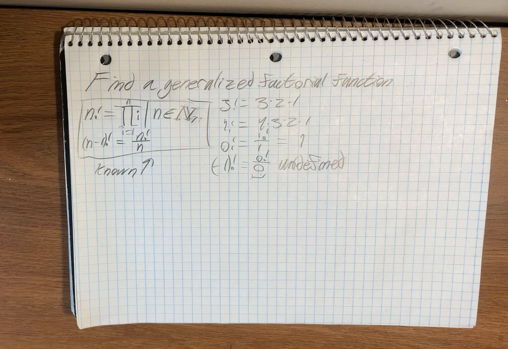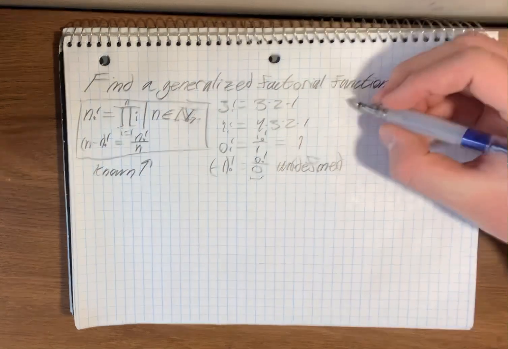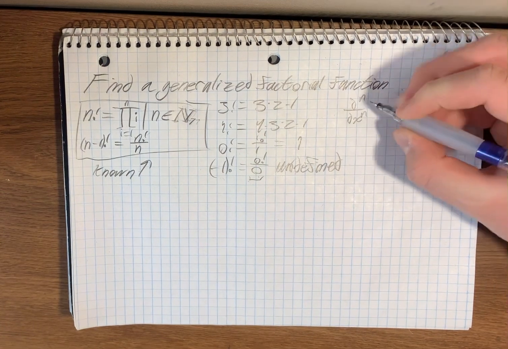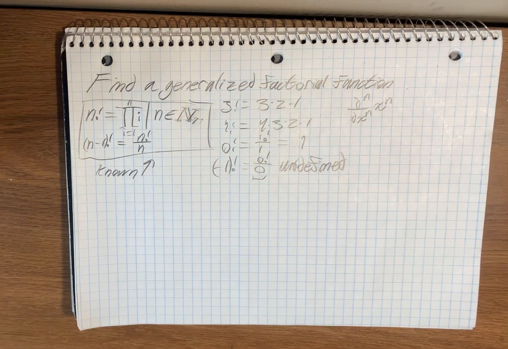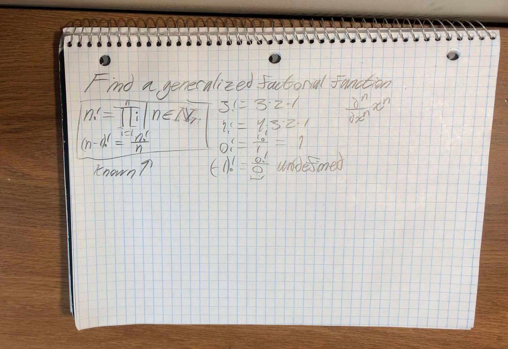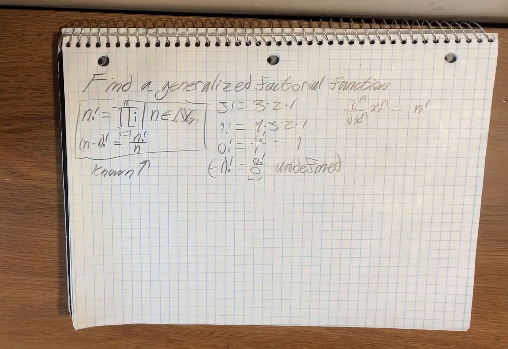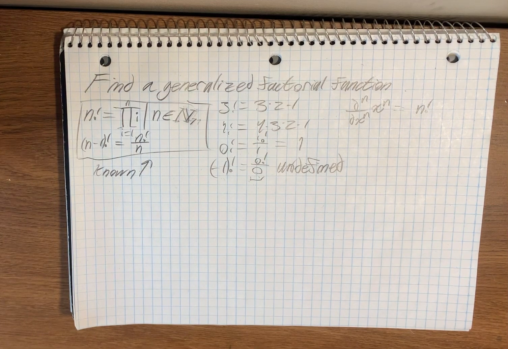So the first thing we're going to do here to figure this out is take a look at the derivative, specifically the nth derivative of x to the n. What you'll notice is that this satisfies our definition.